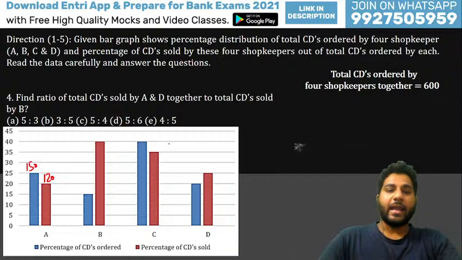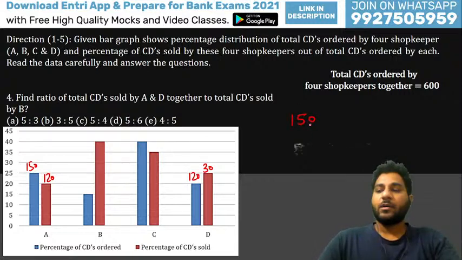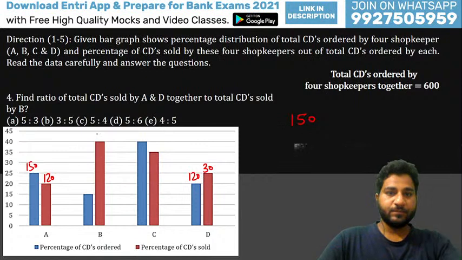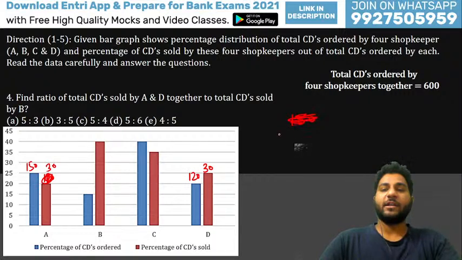D had ordered 120 CDs and sold 30 CDs. Sorry, 30 CDs have been sold. So 30 plus 30 would become 60. So A and D sold 60 CDs.